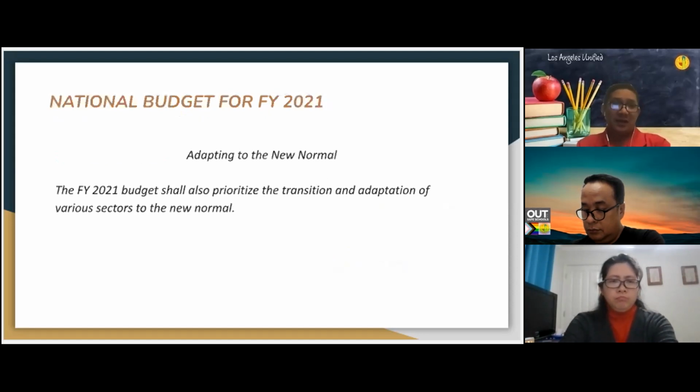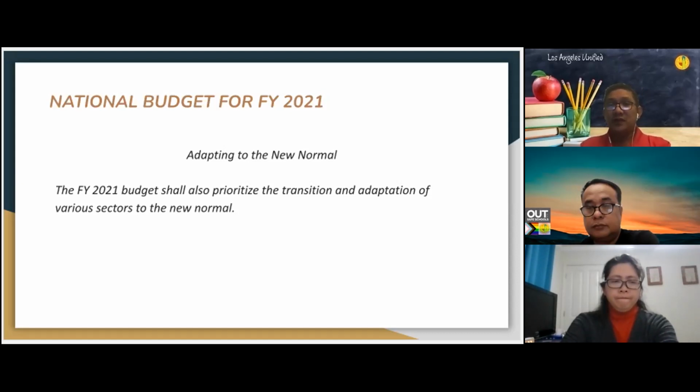So for the national budget for fiscal year 2021, since during the pandemic, the Philippine government allotted an extra funding, which is what we call adapting to the new normal. The fiscal year 2021 budget shall also prioritize the transition and adoption of the various sectors to the new normal.